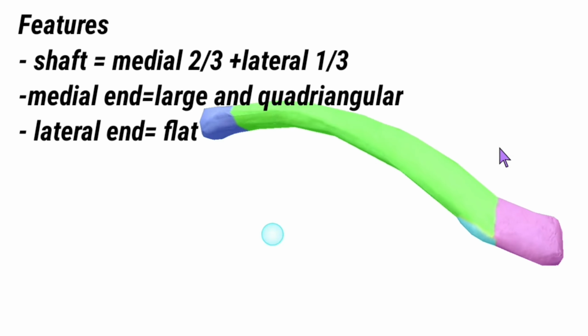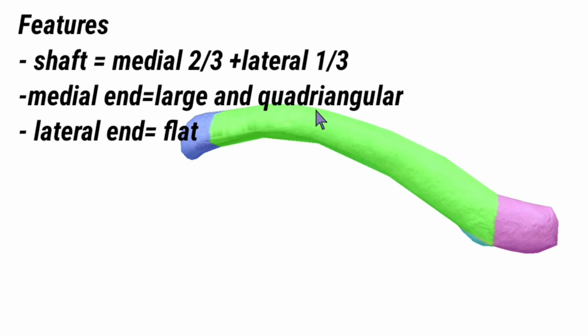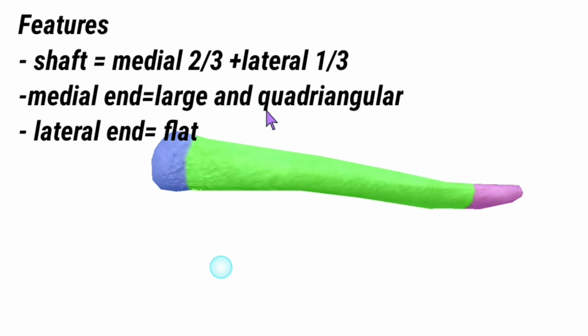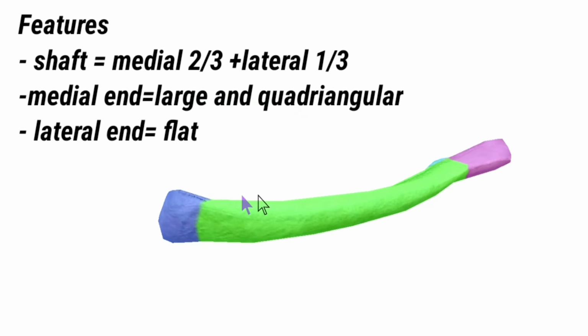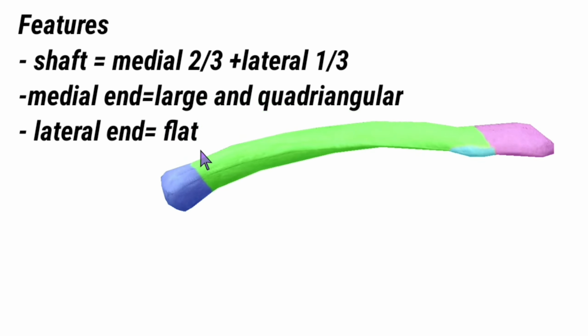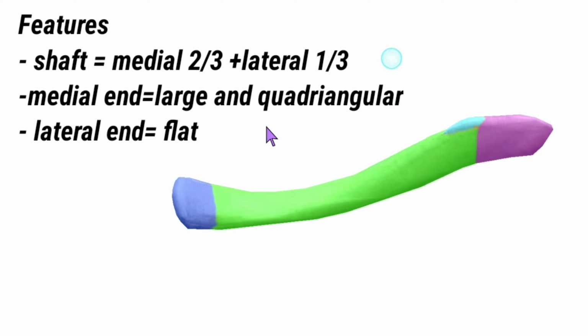And about the medial 2/3 of the shaft of the clavicle. The medial 2/3 is a rounded structure and it has four surfaces: superior surface, anterior surface, posterior surface and inferior surface of the medial 2/3 of the clavicle.